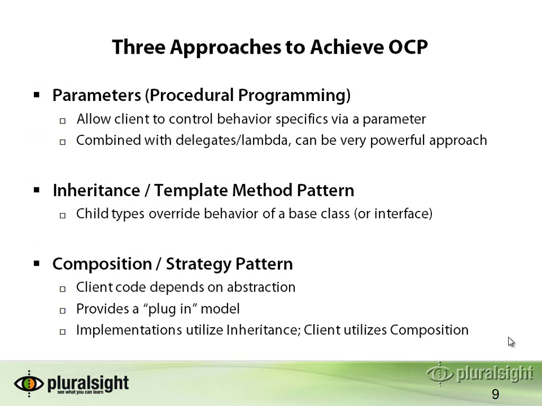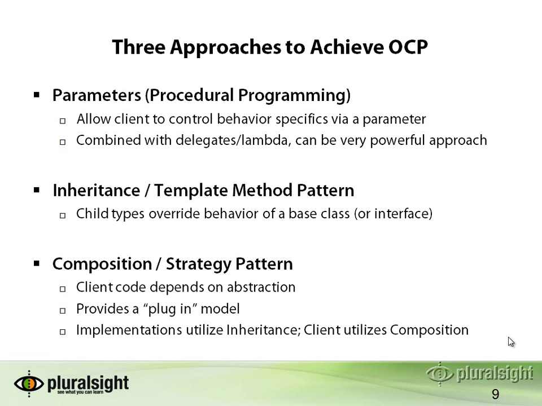Now, there are typically three approaches to achieving the open-close principle that I've found in my experience. The first one is really more of something that you would be able to do in a procedural programming language, and that is to use parameters. And so by exposing parameters in your application or in your class or in your function, you allow the client to control behavior via the specifics of that parameter.